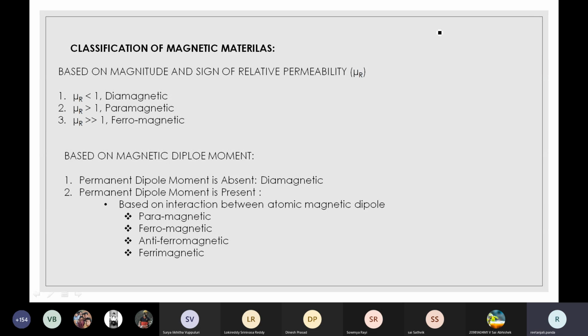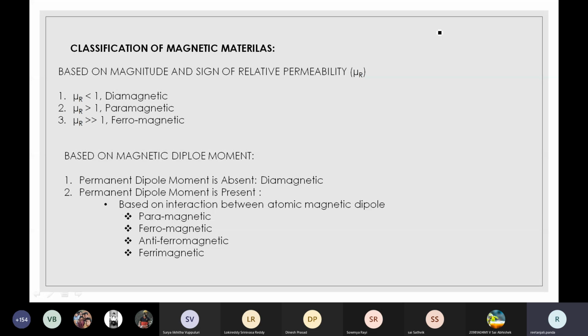If the permanent magnetic dipole moment is present, then depending on the effect on the atomic arrangement of the material, we have four types of magnetic material: paramagnetic, ferromagnetic, antiferromagnetic, and ferrimagnetic material.